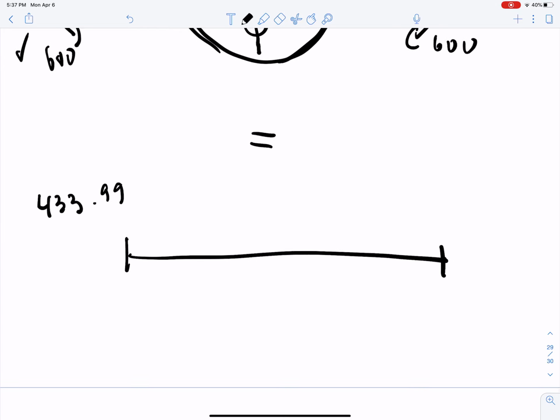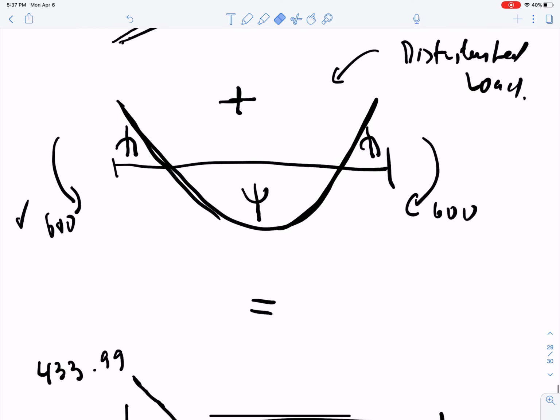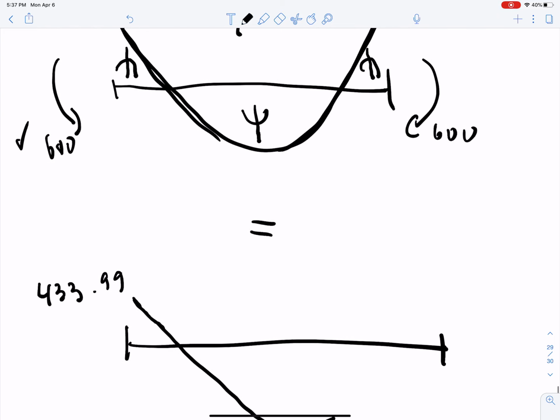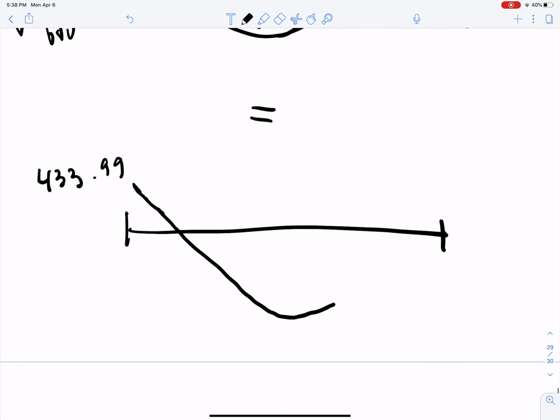Okay. So you have something that is concave, right? Goes into convex, right? And here you have two moments contributing together. Okay, 600 plus 99.78 to make it concave. So this guy becomes 699.78, right? So when the curve goes, it shoots up there.